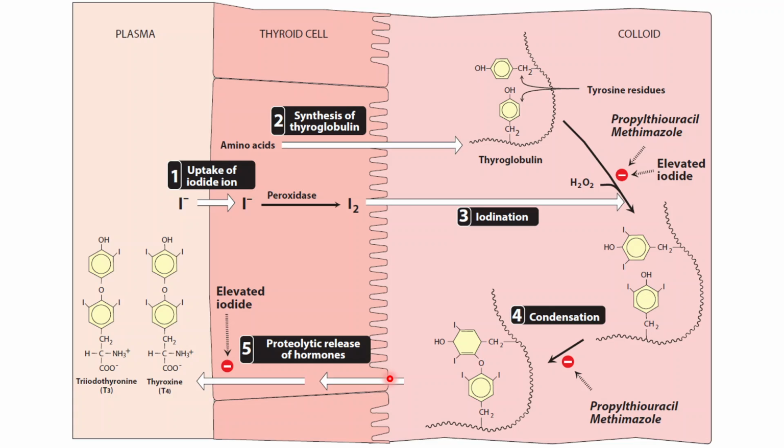Then the synthesized hormone will be released to the blood, and two hormones can be synthesized, that is triiodothyronine and thyroxine. Both have same activity, but thyroxine is more active than triiodothyronine.